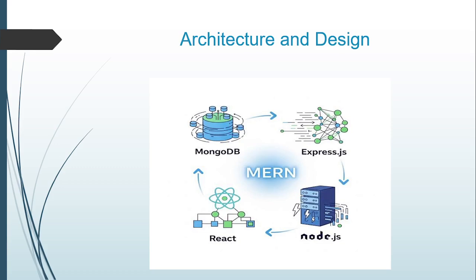The backend processes the request and communicates with MongoDB to store or retrieve data. Finally, the server sends the response back to the frontend where the user can see the updated information. This architecture provides fast communication, better performance, and easy maintenance.